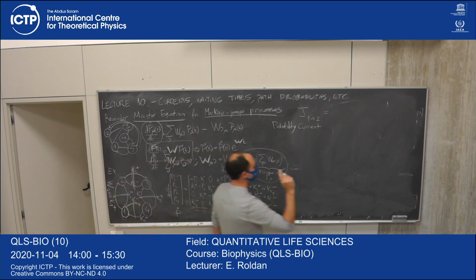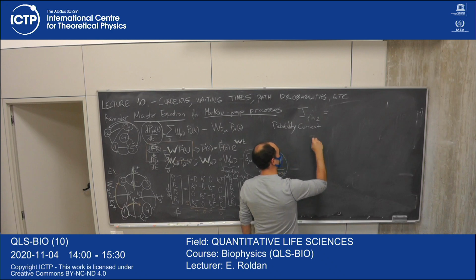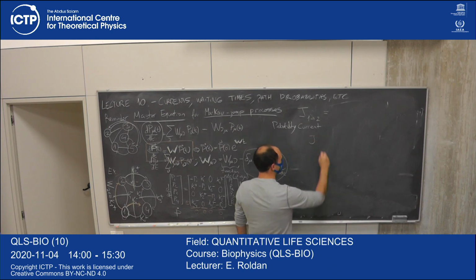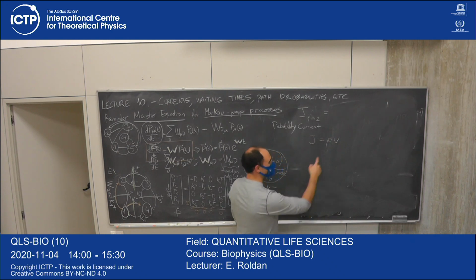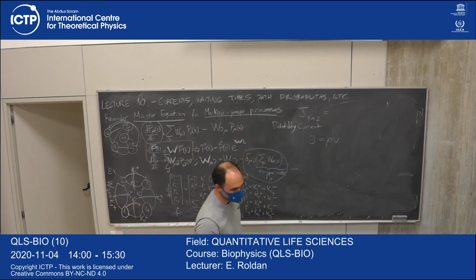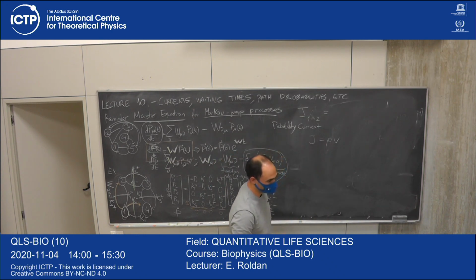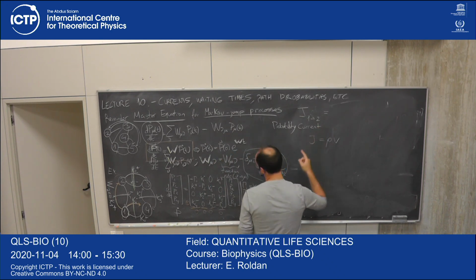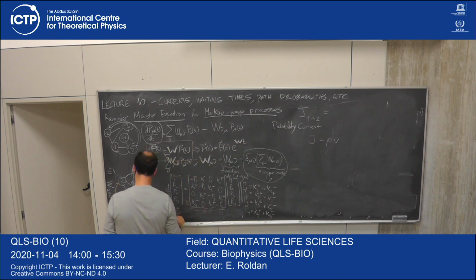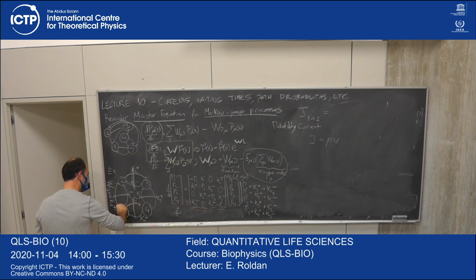So remember, when you have a current in electrodynamics, you have something like rho V, no? In this context, rho is a probability, and V is a rate, 1 over time. So the positive term coming here is via this connection, okay? This gives positive because when you pass this link in this direction, you sum.